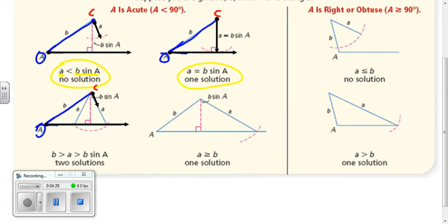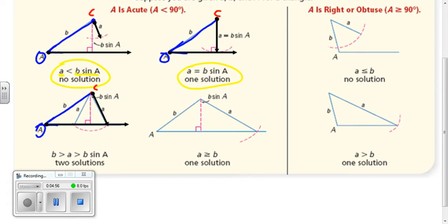And the length of A was also given. Now A has to follow its length. It can go any angle that it wants, but it has to remain that length. And there's only two places, right here and right here, that would create a triangle. So in this case, there are technically two solutions. This solution would work. It would create a triangle here, and it would create a triangle here.